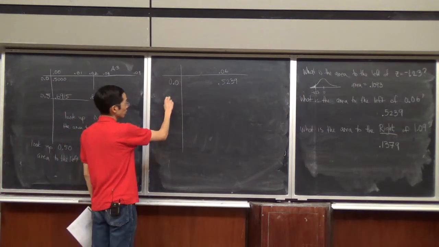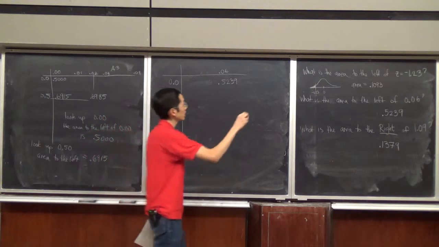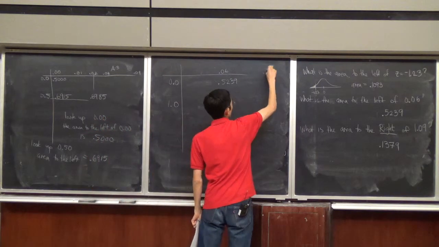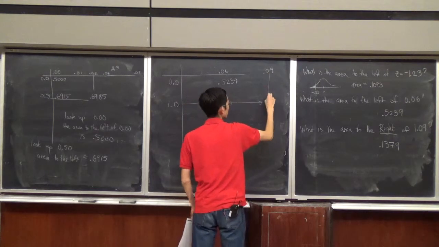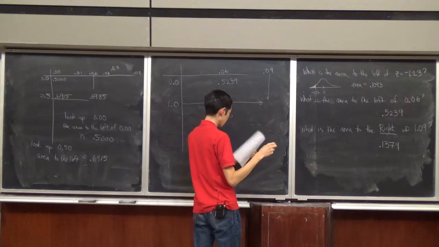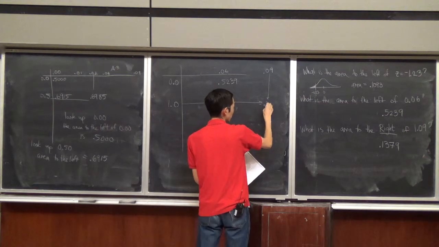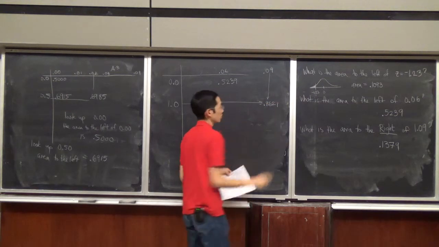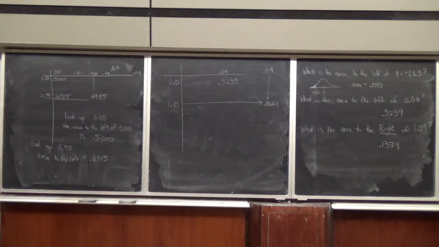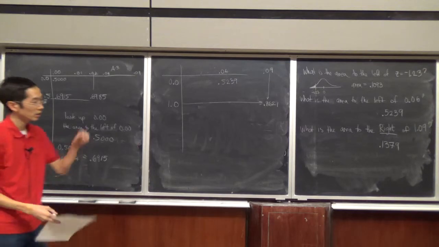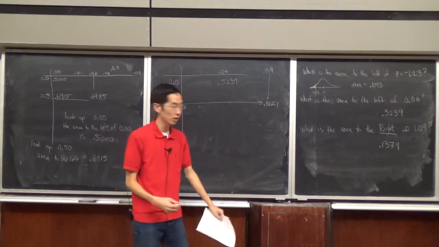I will go to the row 1.0 and the column 0.09, and when I look that up, I get 0.8621. But my question is asking, what is the area to the right of 1.09? And the table always gives us the area to the left.